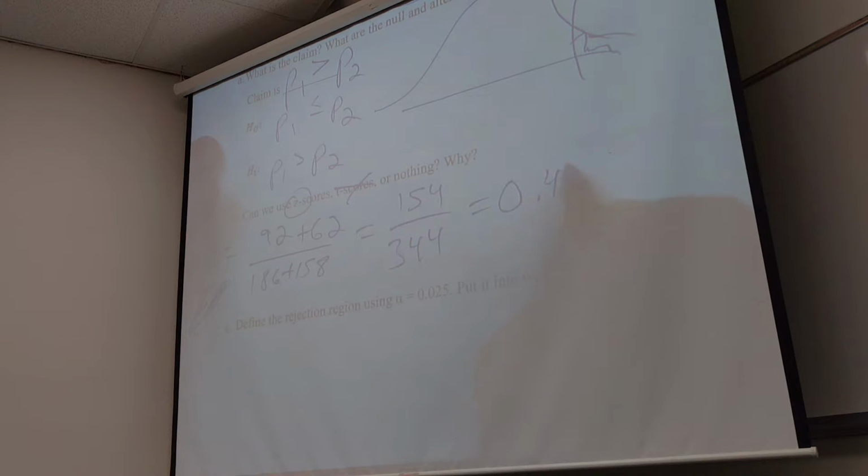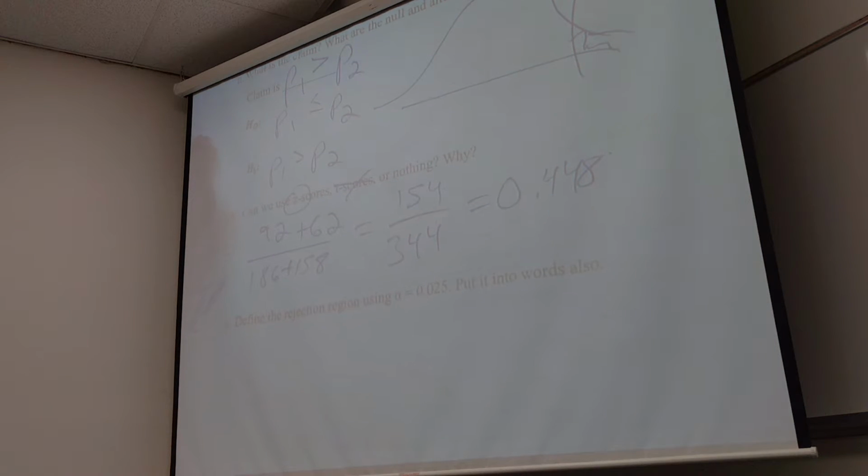So I get 0.448. Q bar would be what now? 0.552. Some guys might realize NP bar is just 154. So that's bigger than 5.